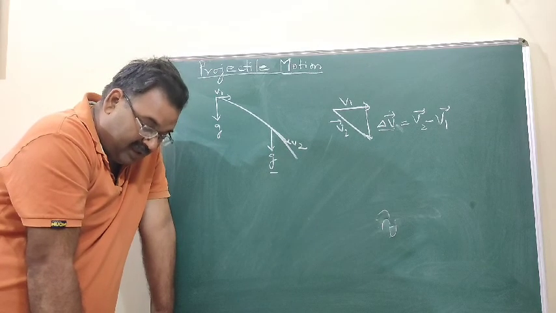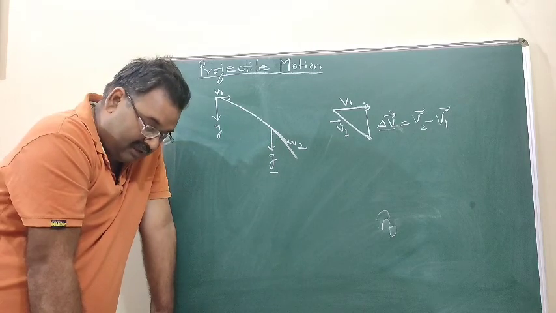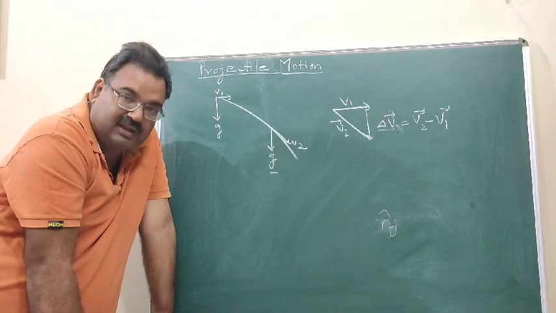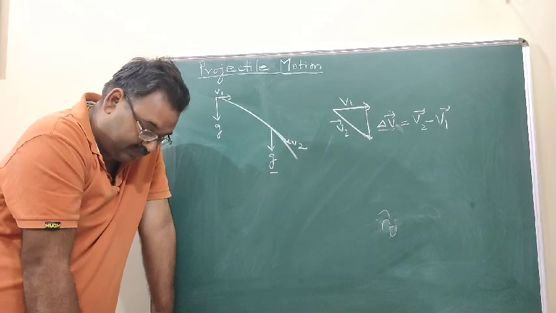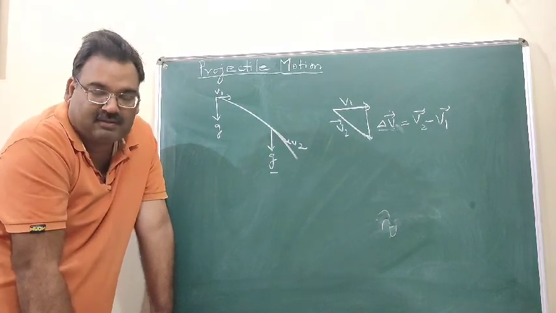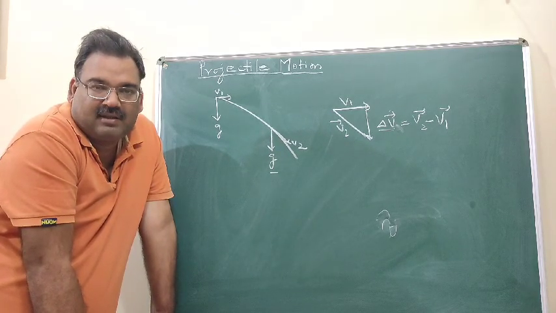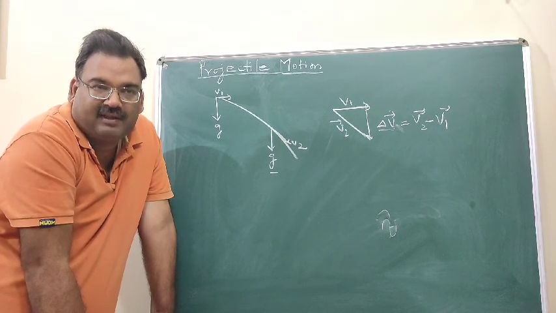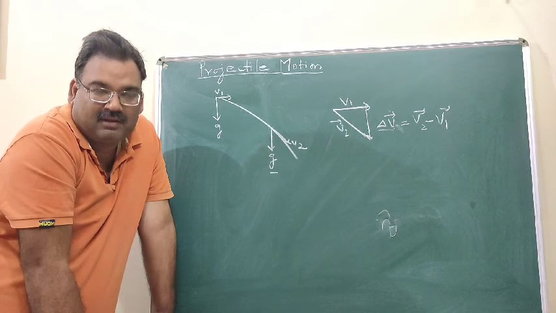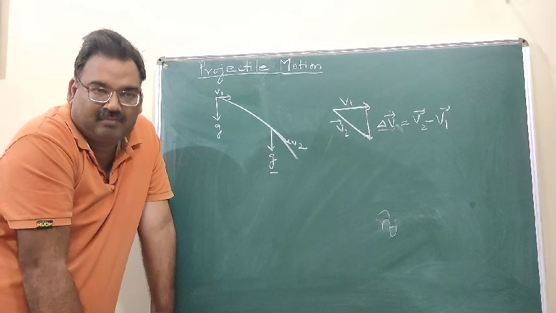The consequence is that if we drop a ball from a roof and at the same time throw another ball in the horizontal direction, then both balls will strike the ground at the same time, but at different places. So if we drop one ball vertically downward from a roof and at the same time throw the other horizontally, both will strike the ground simultaneously but at different places.